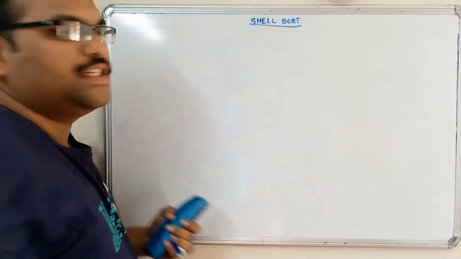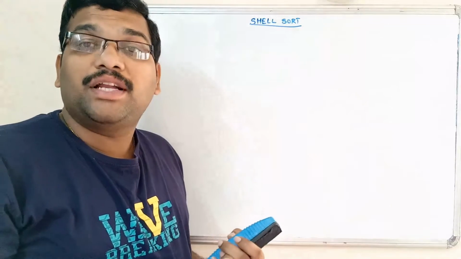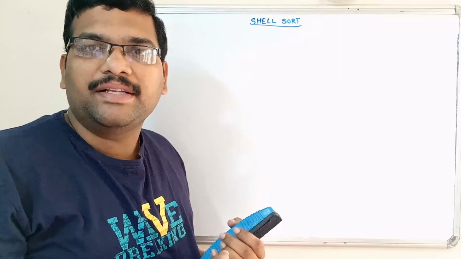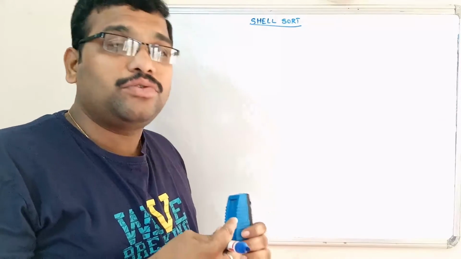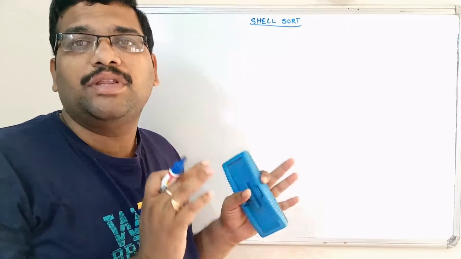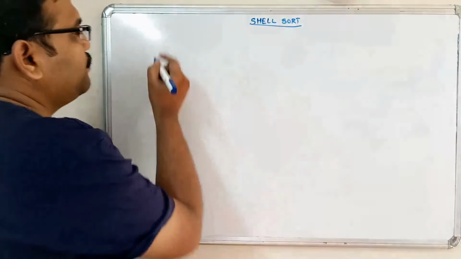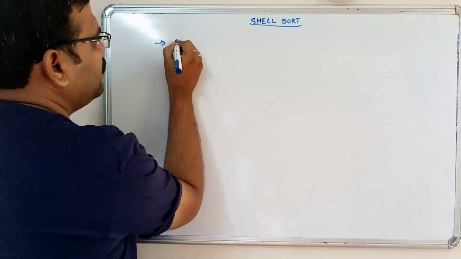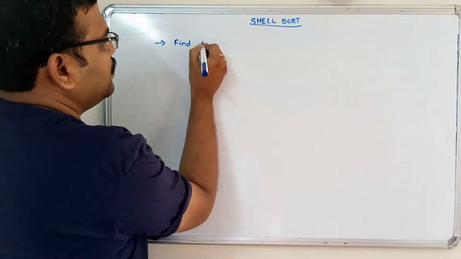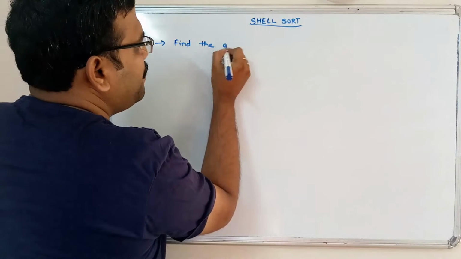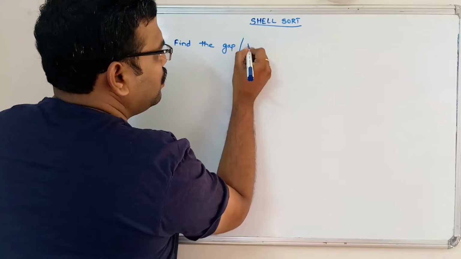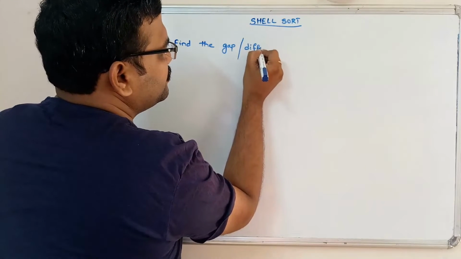So coming to this shell sort, first we are supposed to find the difference and we are supposed to compare the elements based upon the difference, right? So first we have to find the gap or a difference.